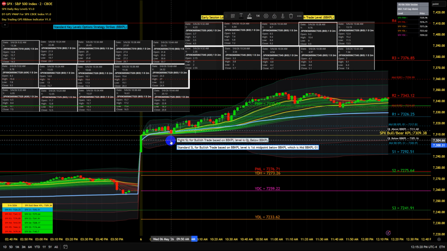In this particular trade, neither stop loss was hit on this. It came a little close here on this wick down for the tight stop loss, but in this case, neither stop loss was hit.